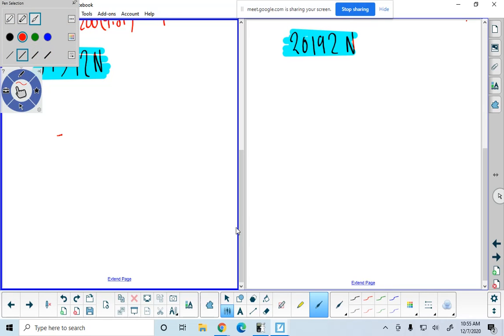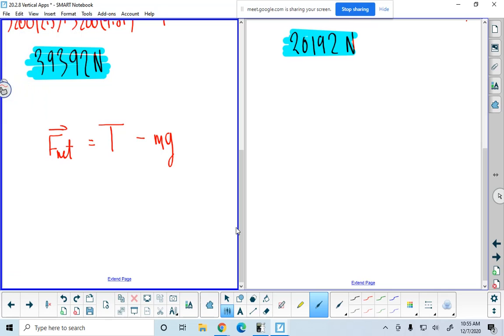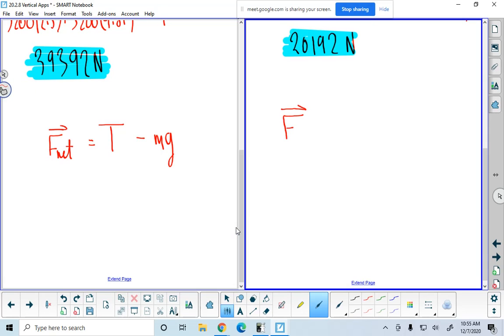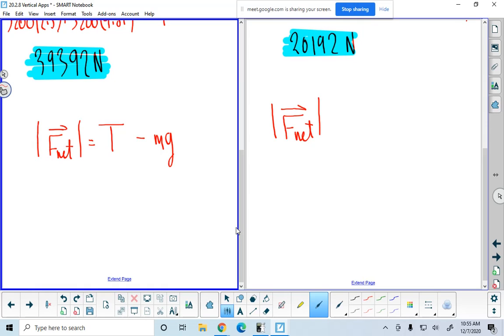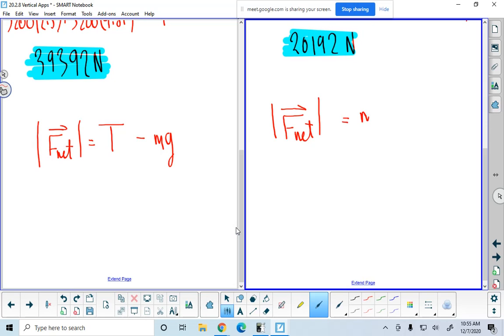then the net force has a magnitude that's equal to the applied force up minus the force due to gravity down. But if the elevator is accelerating down, the net force, which is ma, has a magnitude of the gravitational force down minus the applied force up.